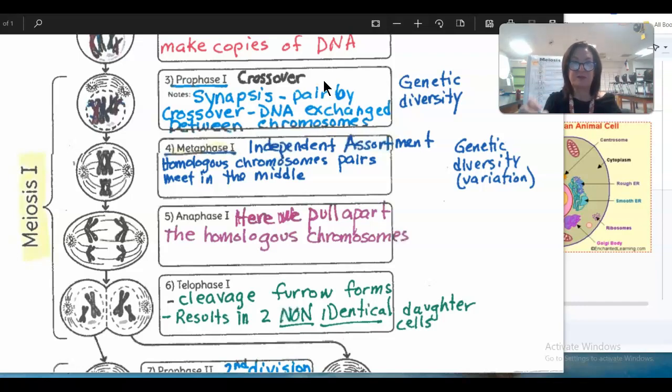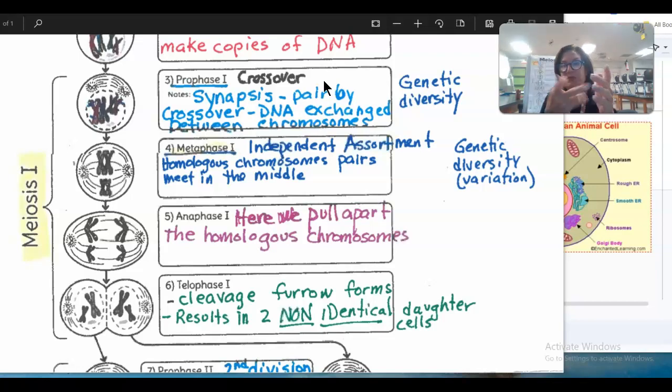Key things to remember. In metaphase 1, and we call it 1 because it's part of meiosis 1, the first division, we have independent assortment. So this is where our chromosomes are going to meet in the middle. But here we don't know, since we have this crossover, how exactly they are going to match up in the middle, right?